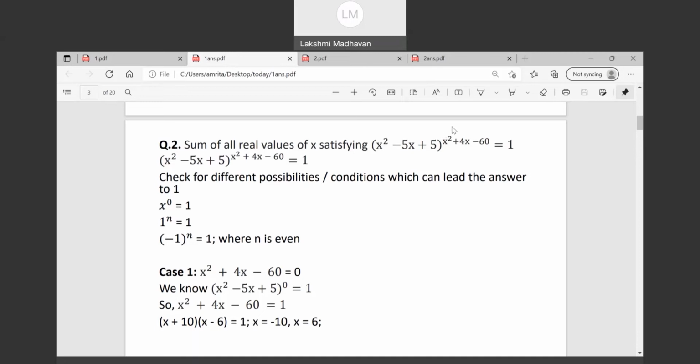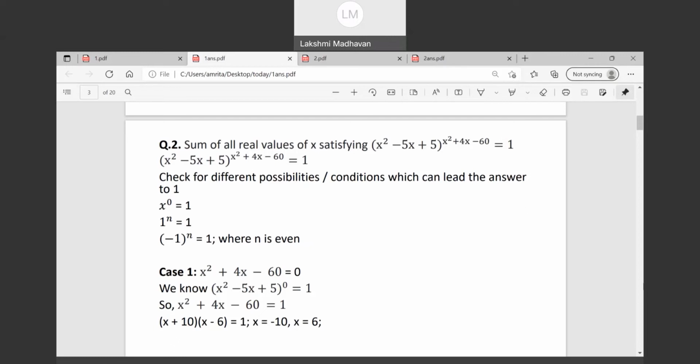We'll find out what the value of n can be, whether it's odd or even, when we solve with different cases. And the next option is minus 1 whole raised to n. As this is negative, the value of n should be even. So these are the possibilities that we can consider in order to get the answer as 1.